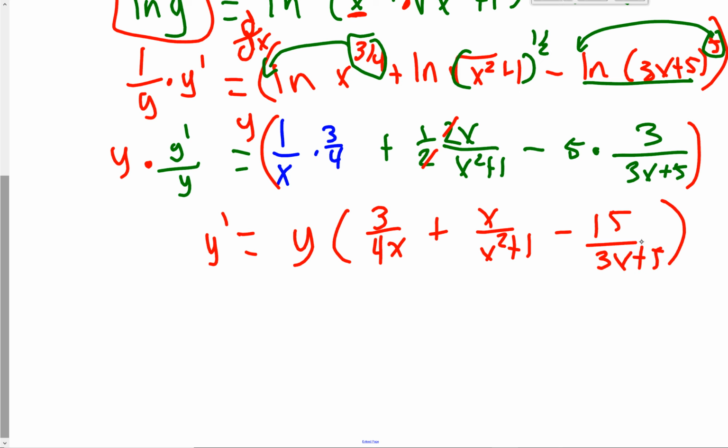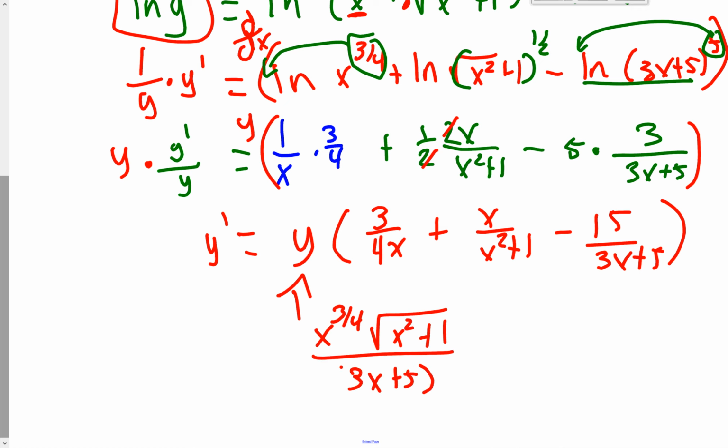Okay, and so then you could, if you wanted to, well, what you need to do here is we know what y equals from the very beginning. y equaled x to the 3/4 times the square root of x squared plus 1 all over 3x plus 5 raised to the 5th. And that's being multiplied by this.